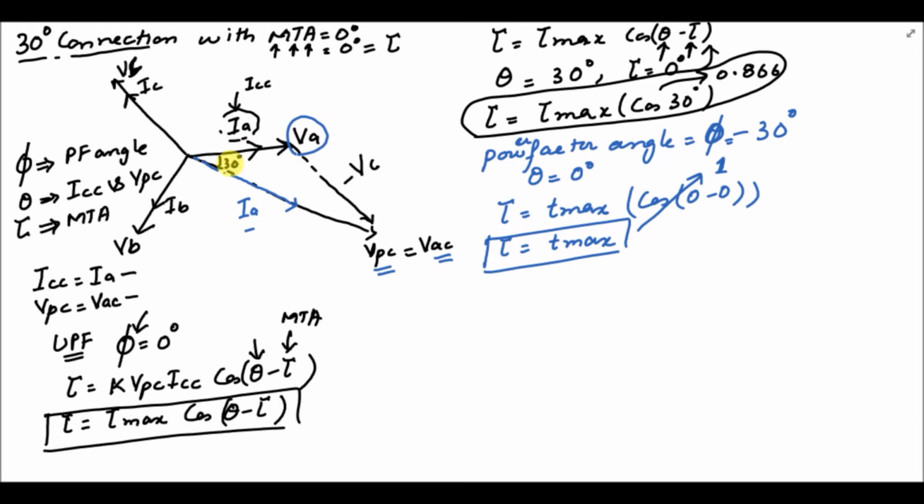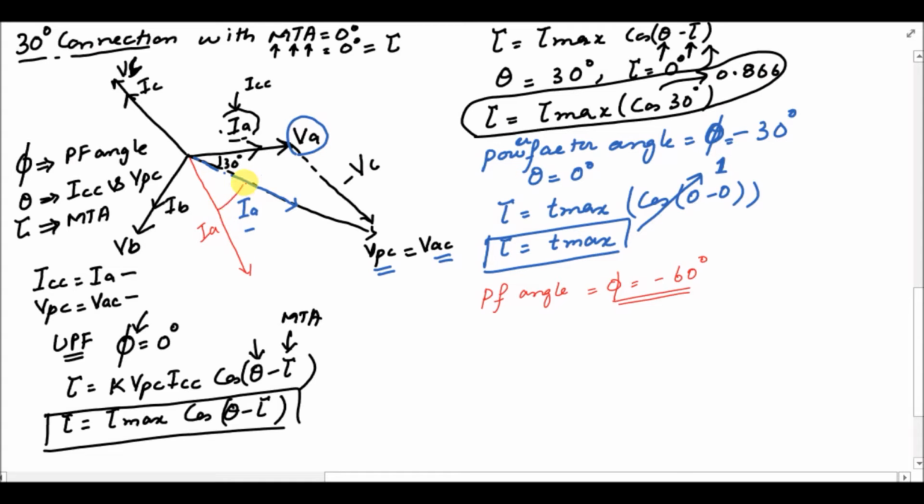Now for the third case, IA is moved to the position of minus 60 degree, which means that power factor angle theta, that is equal to phi, has now become minus 60 degree. So if the power factor angle is minus 60 degree, it means that now the angle between IA and VPC is 30 degree.